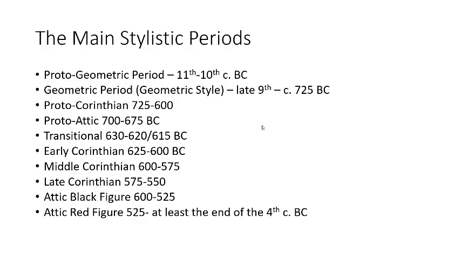But the two primary centers were producing more, trading more of it, and trading it over further distances. And that's the pottery makers at Athens and the pottery makers at Corinth.